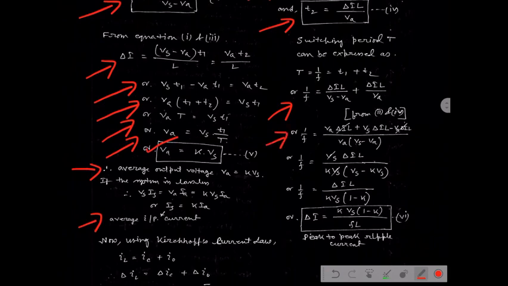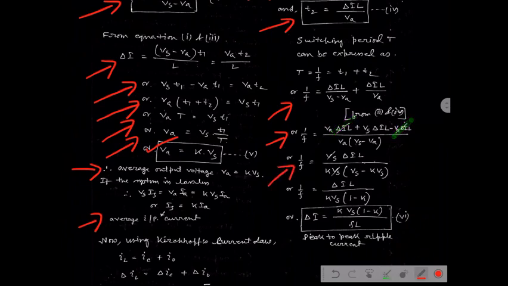After simplification, we have Va del I L into L plus Vs del I L minus Va del I L, and the lower part is Va into (Vs minus Va). After calculating, this part is cancelled.